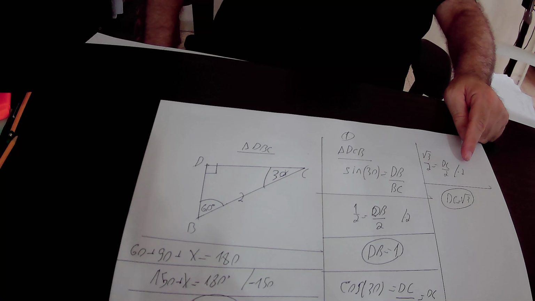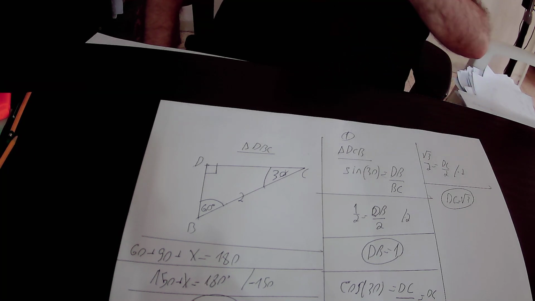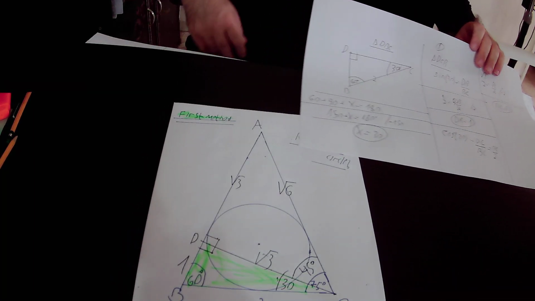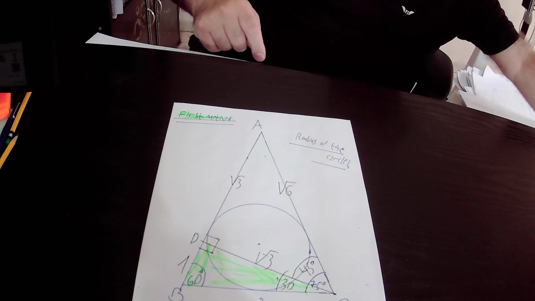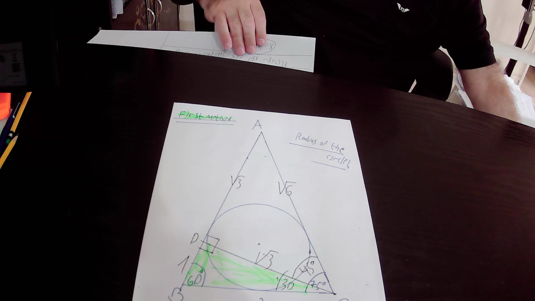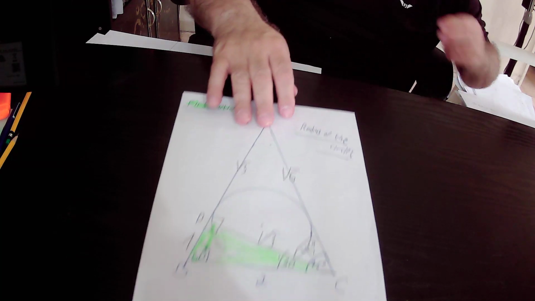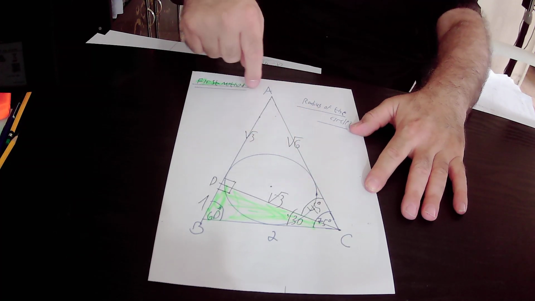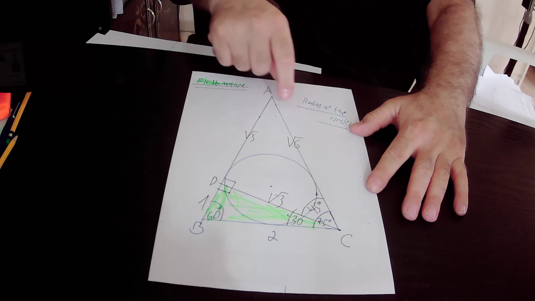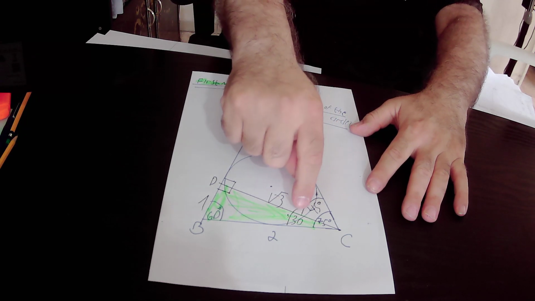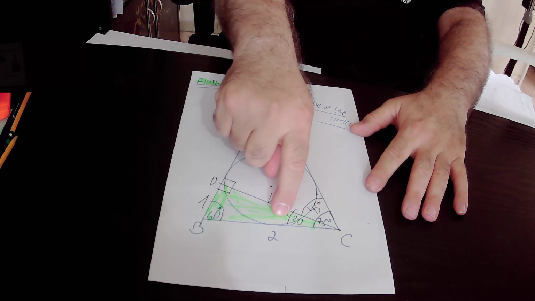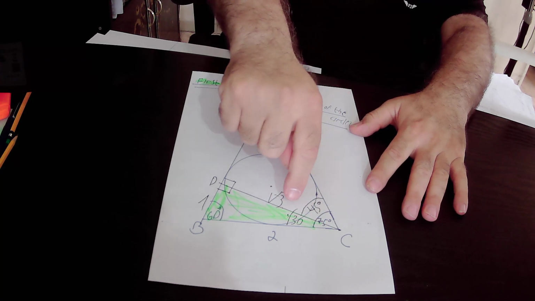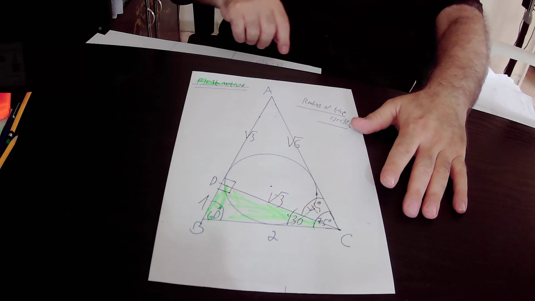We multiply this equation by 2 and found out that DC equals square root of 3 units. Okay, then we found out the size of angle ACD. Angle ACD equals the big angle that is 75 degrees minus the small angle that is 30 degrees. 75 degrees minus 30 degrees equals 45 degrees.